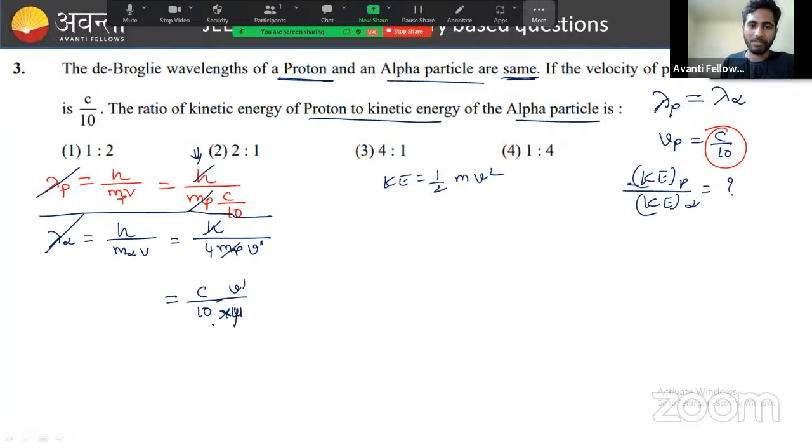Once you check this, 4 divided by v dash will go to the upper side. Here it is equal to 1. Both are cancelled. Hence, it is nothing but 4 into 10, means 40. It comes to the numerator, means 40 by c is equal to v dash. Is it correct, what I'm saying? Check it once.